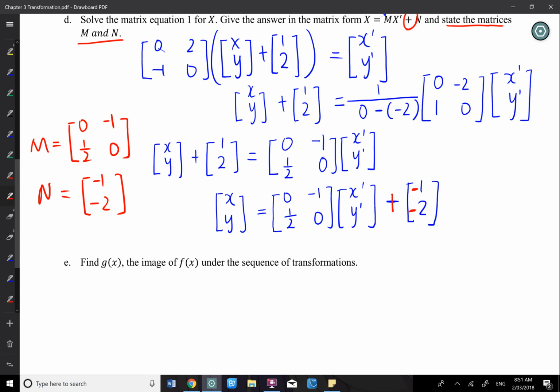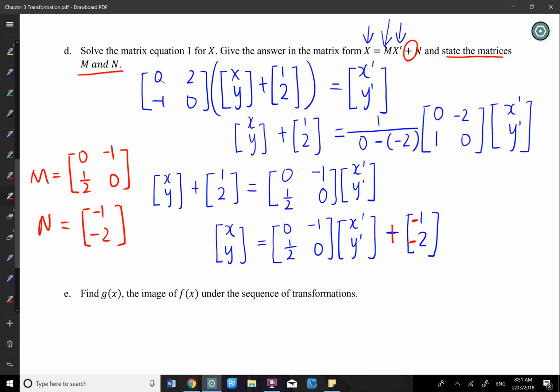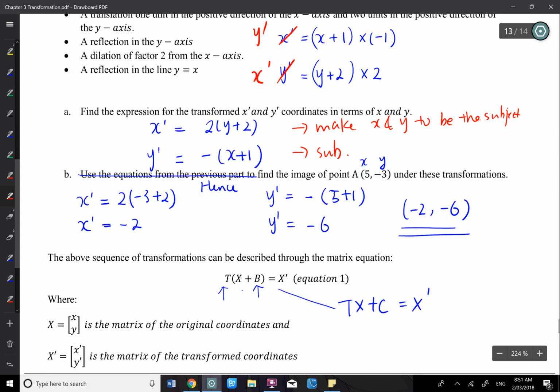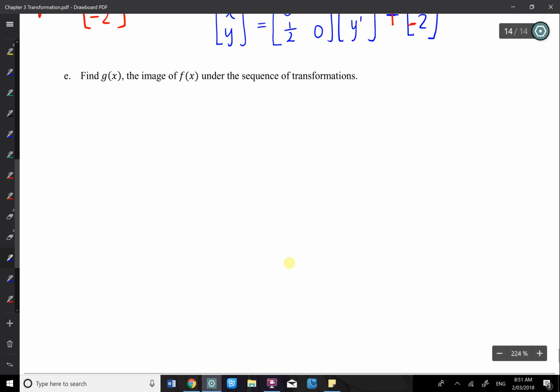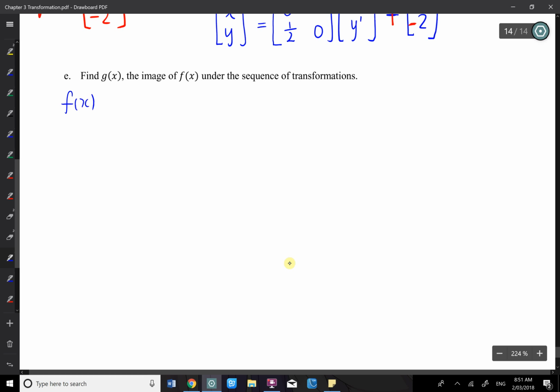Alright, last one. Find G, the image of F, and the sequence of transformation. Well, the original equation is 2x minus 1, so fx equals y equals 2x minus 1.